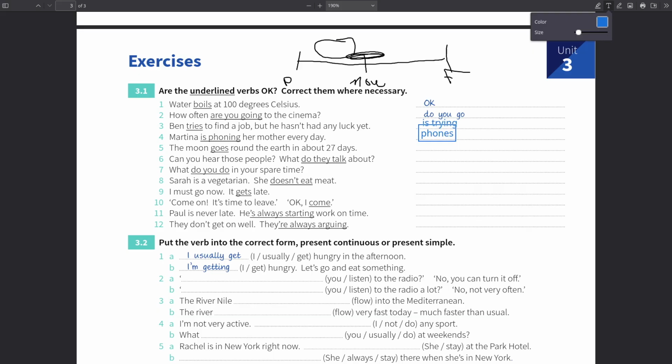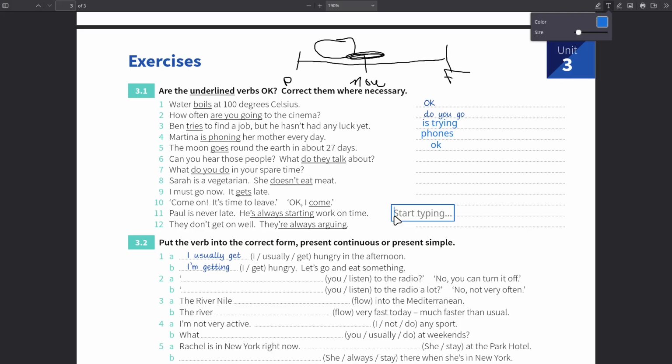It's not like Martina is phoning her mother every minute. No. Okay, this is a simple present, and because we are talking about a third person, in this case Martina, we have to add the s at the end of our verb. Next one, the moon goes around the earth in about 27 days. I think it's okay. It's a fact. Okay, it's a fact.